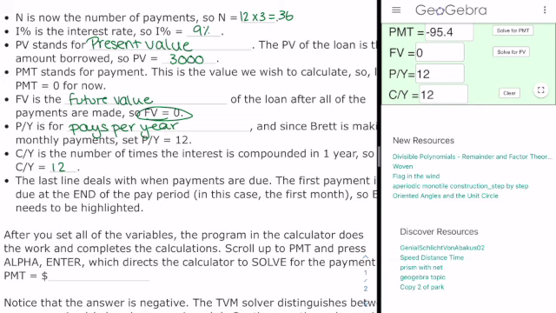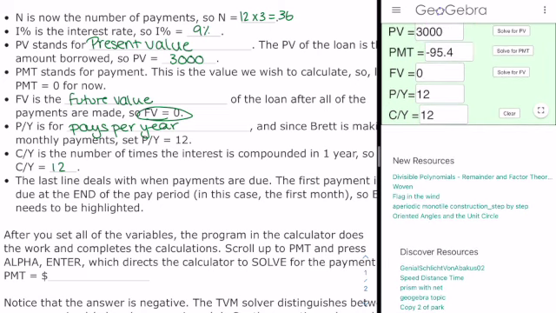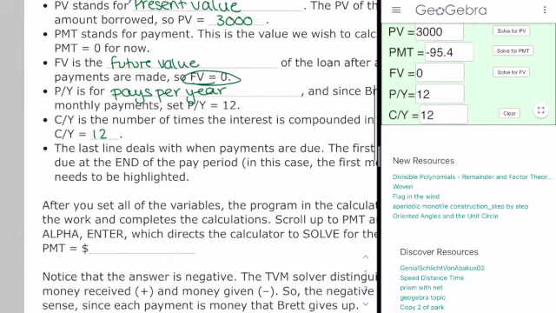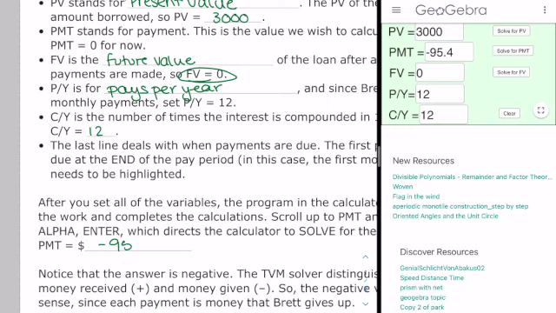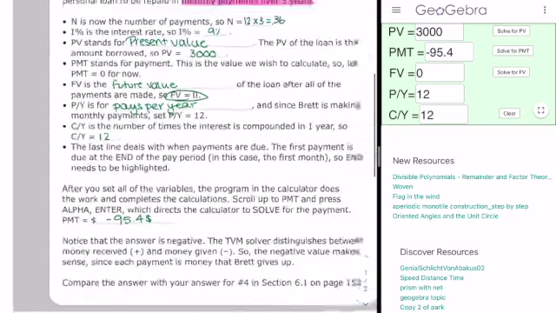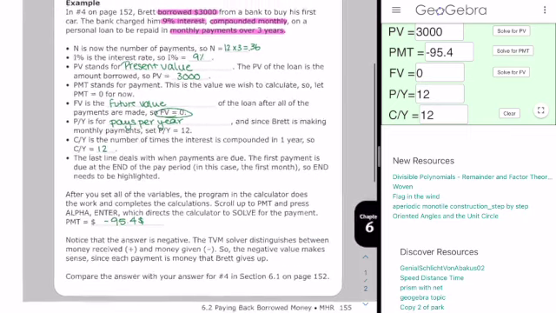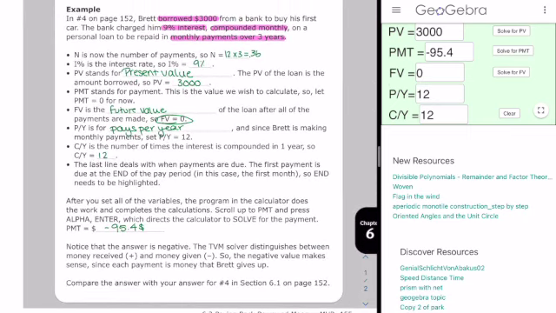So let's solve for PMT, and that gives us minus 95.4. You'll notice that the answer is negative. In this case, negative is always money you're giving. So you are giving every single month $95.4. That is why that answer is negative.